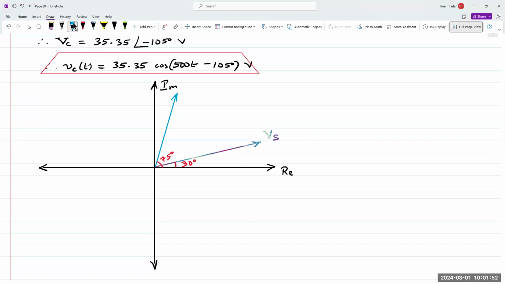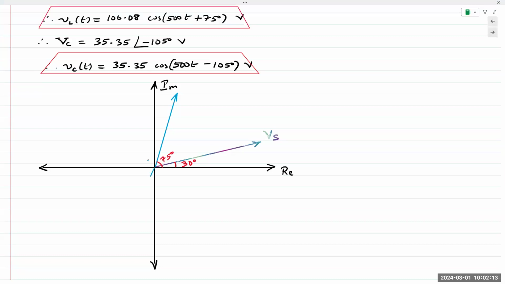Typical phasors are rotating vectors that rotate counterclockwise. Positive phase angles go counterclockwise. Negative phase angles go clockwise. So minus 105 would be somewhere here.